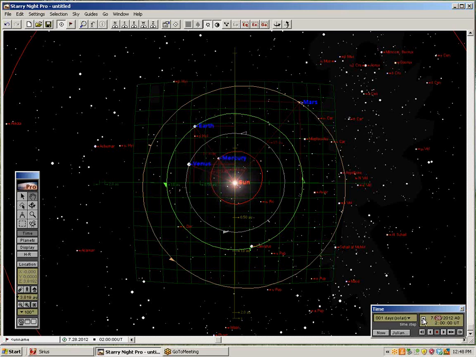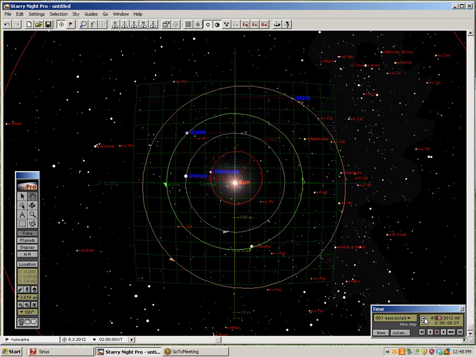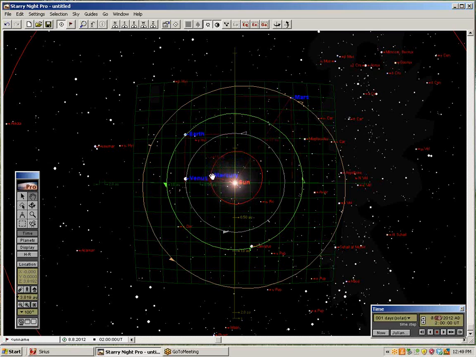Now Mercury's direct station is going to be on August 8th. Okay, so here's August 8th. So like I said, here's Earth and the Sun, and from this point here, it seems like Mercury's moving backwards. After this, he'll seem to go forward as he comes in an eastward direction around the Sun.